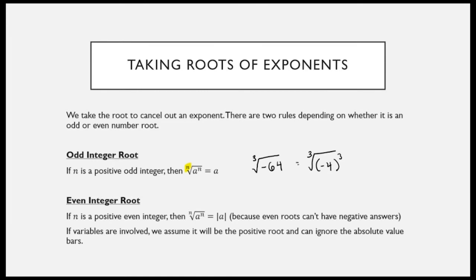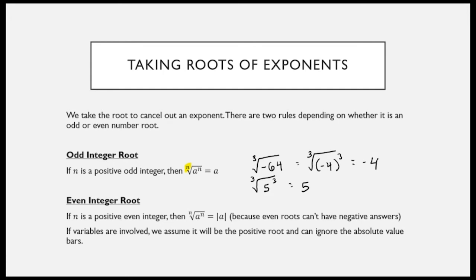The cubed root cancels out that 3 in the exponent. And so our answer is -4, basically what's under that exponent. So that's what this odd rule says. And if we had something different, like 5 to the third, it just cancels out that exponent. You're left with 5.